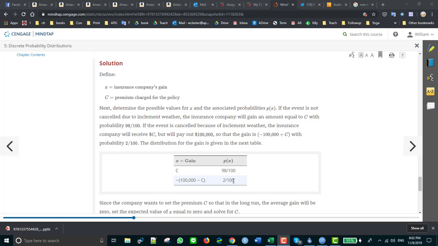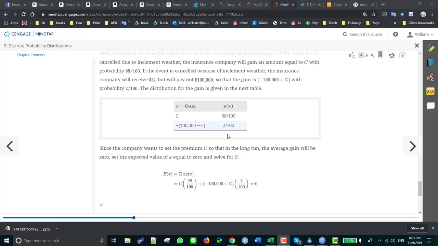On the other hand, if there's not bad weather, they don't have to pay the 100,000 out, so they just get the C. There's a 98 over 100 chance of that happening, 0.98 or 98%.